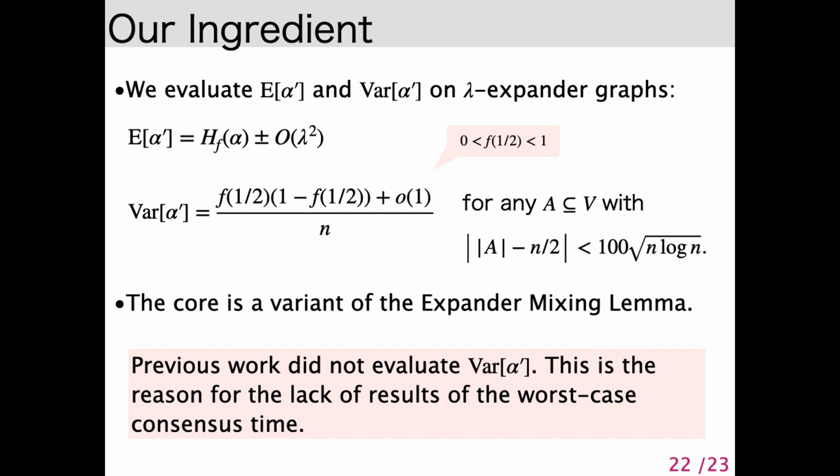Indeed, to the best of our knowledge, previous works about best of 2 on expander graphs did not evaluate the variance of alpha prime. And this is the reason for the lack of worst-case consensus time analysis.